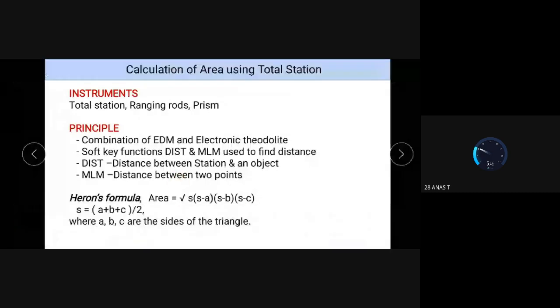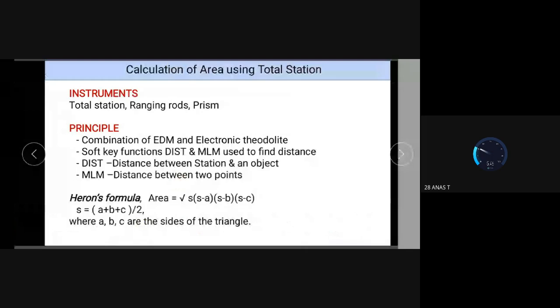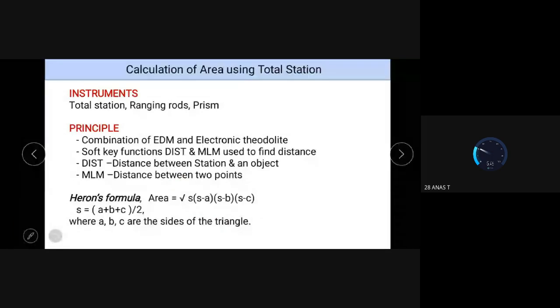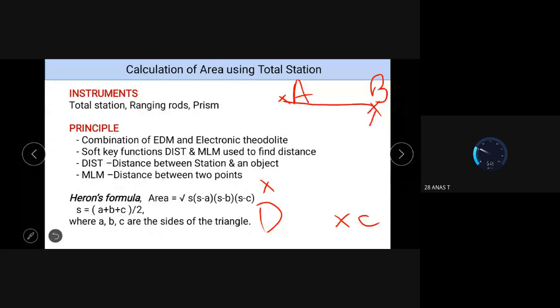So regarding the experiment, here we will be given some points, say A, B, C, D. So we are given 4 points, and we have to find the area which is enclosed by these points.